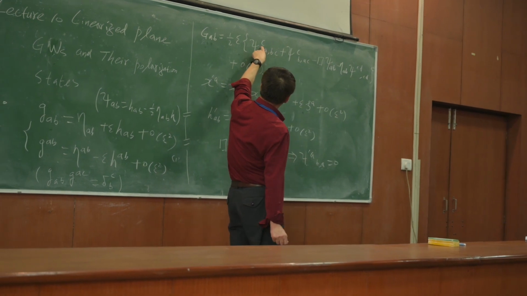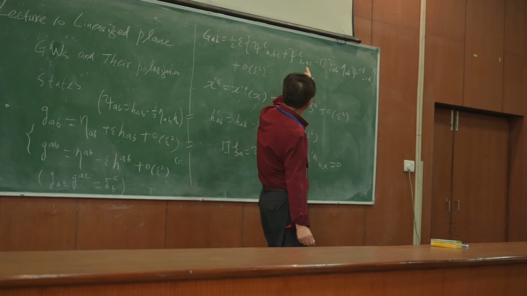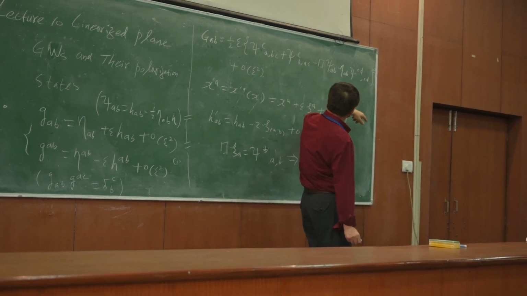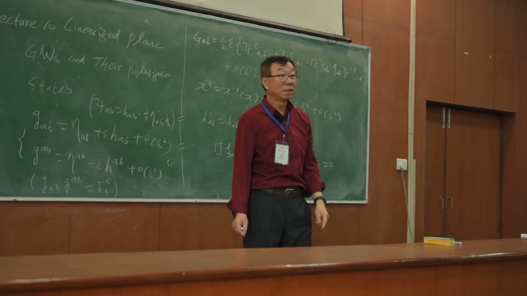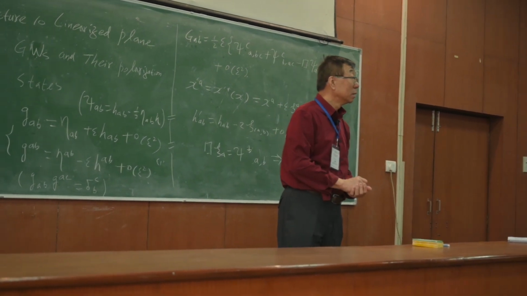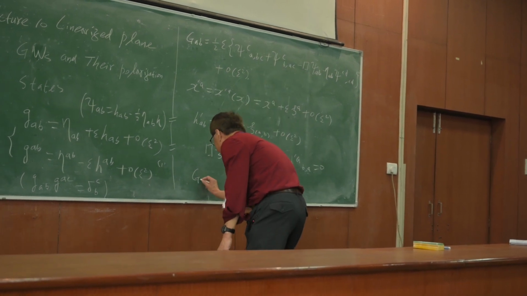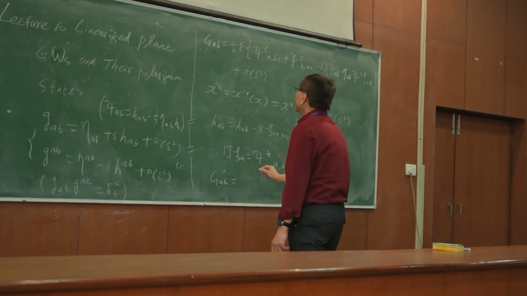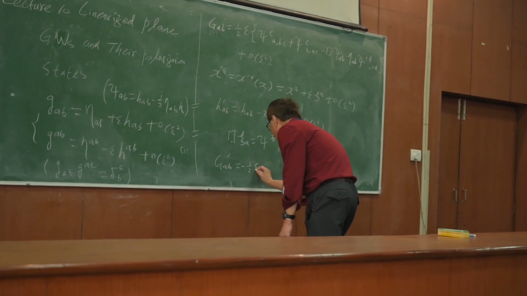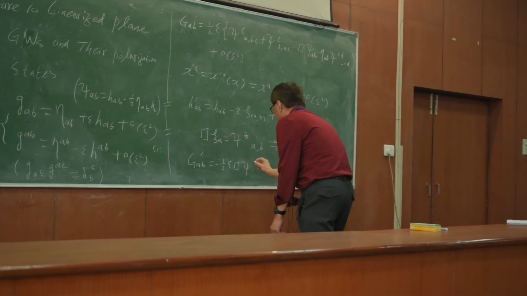If I choose this equal to 0, this commutes, so this is equal to 0, so this is also 0. I'm left with only one term. So this is the best choice. That's why we do this. If I do this, I get h prime ab equal to exactly minus 1/2 epsilon times this. That's prime.